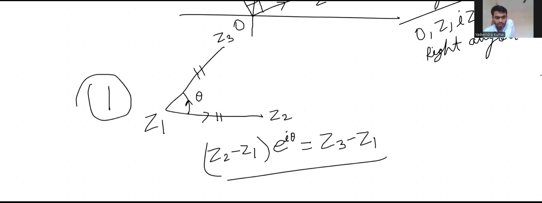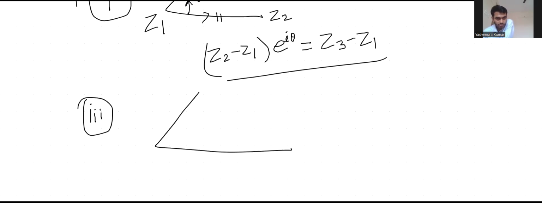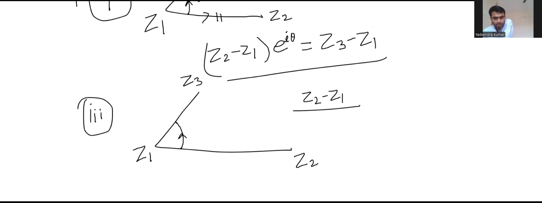Sorry, consider a general case: there is a triangle given with Z1, Z2, Z3. This is Z1, this is Z2, this is Z3, and we are discussing this situation. Then Z2 minus Z1 divided by its magnitude, modulus of Z2 minus Z1, will become a unit vector.